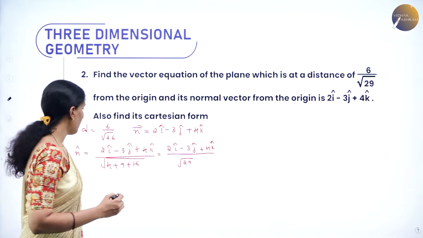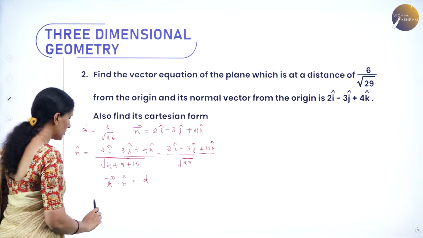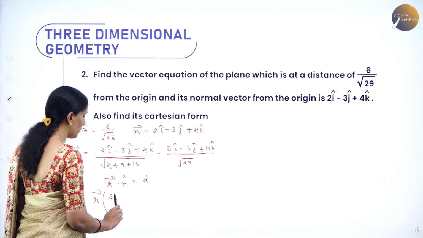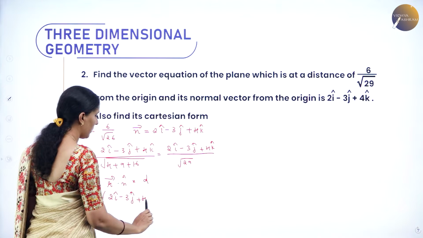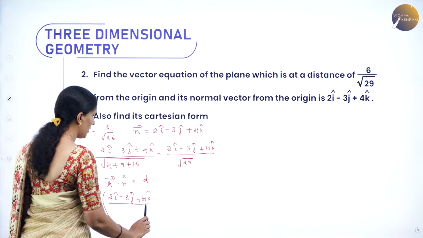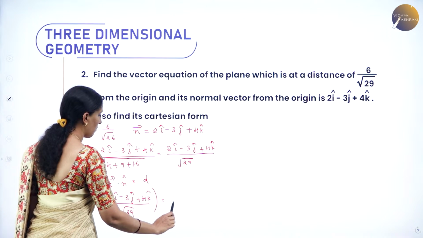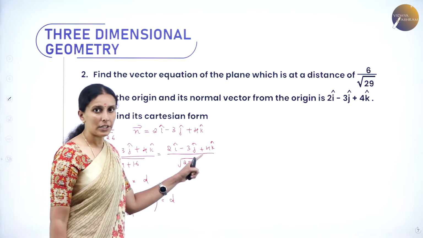Thus we have r dot n cap is equal to d. So I can write r as it is, then n cap, that is 2i minus 3j plus 4k divided by root 29, is equal to d.